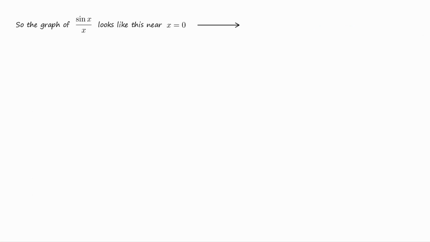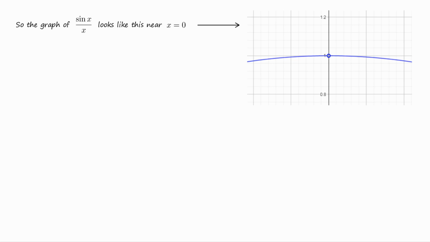And so by using those facts, we can see that the graph of sin x over x will look like this near x equals 0, i.e. it will be undefined at x equals 0, it will get closer and closer to 1 as x tends to 0, and the graph will lie below y equals 1, with that final fact being true because sin x over x is a decreasing function in this range.